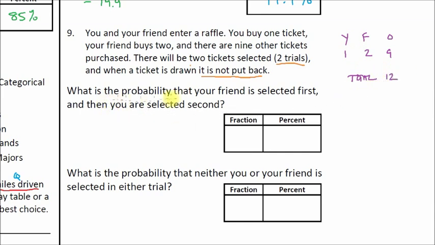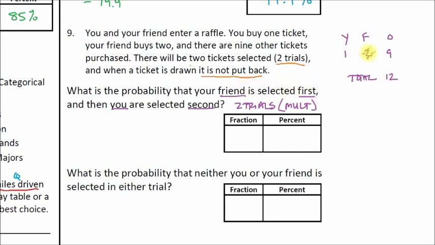Okay, what is the probability that your friend is selected first and then you are selected second? So your friend first and then you second. Now remember, these are 2 trials, and that means we are going to multiply probabilities. What's the probability your friend is selected first?